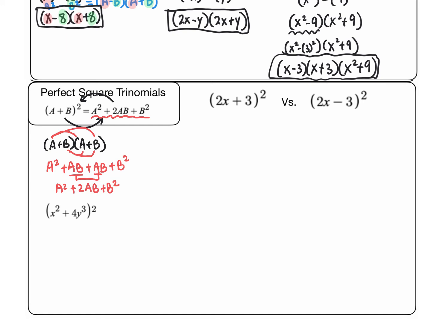So what I'll do is I will do the first one out kind of in slow motion here. And what I'm going to do is copy the left-hand side of this equation right here. And I'm going to let a equal 2x, and I'm going to let b equal 3.